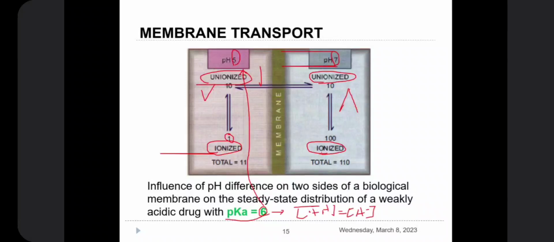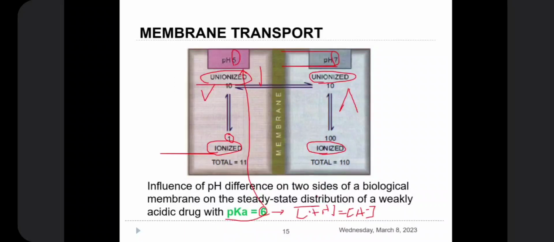And the other conclusion is, when an acid drug is in the base environment, the majority form is the ionized form. And when the base drug is in the acid environment, the majority form is ionized form.